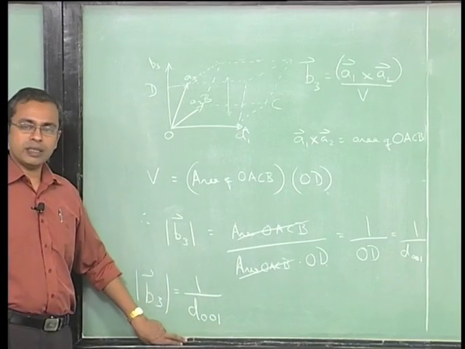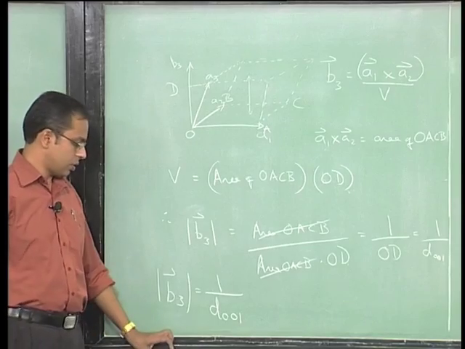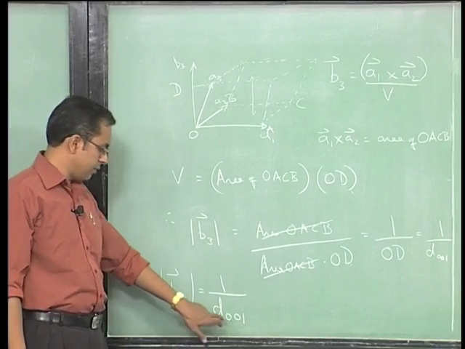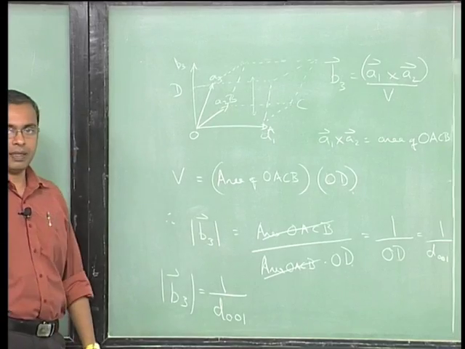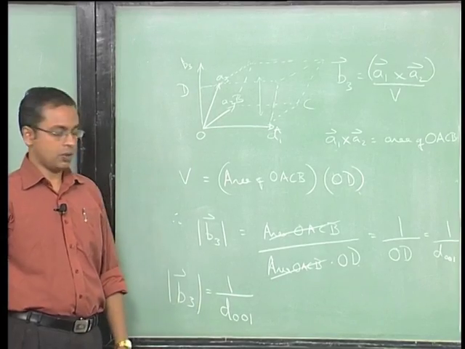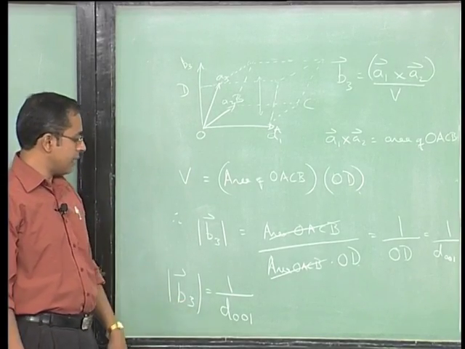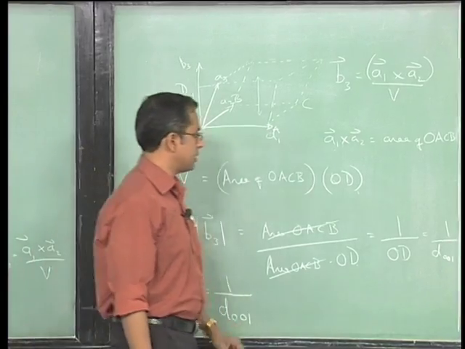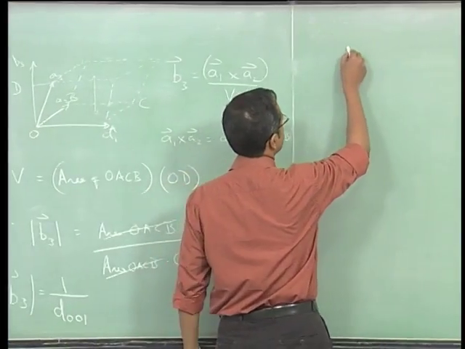This is the standard notation for crystallography. So if you go and look up your elementary crystallography, D001 is the spacing between 001 planes, and modulus of B3 is simply 1 by D001, okay. So therefore we find, and by analogy, if you extend this argument, the same thing would hold for the other ones too.